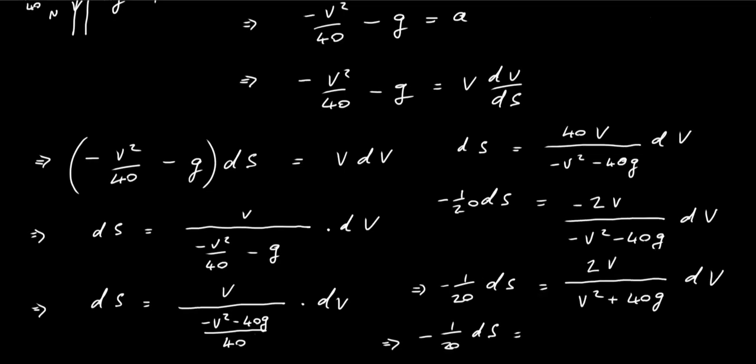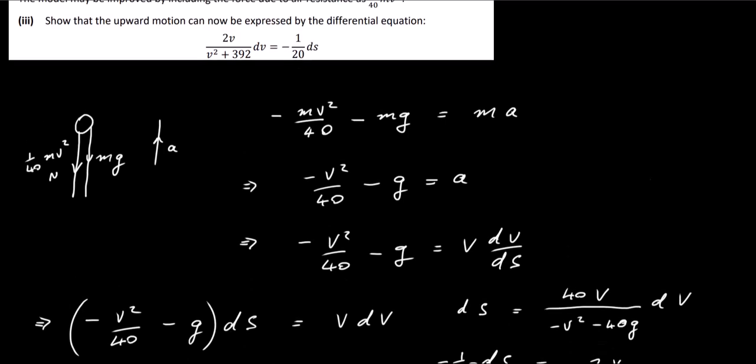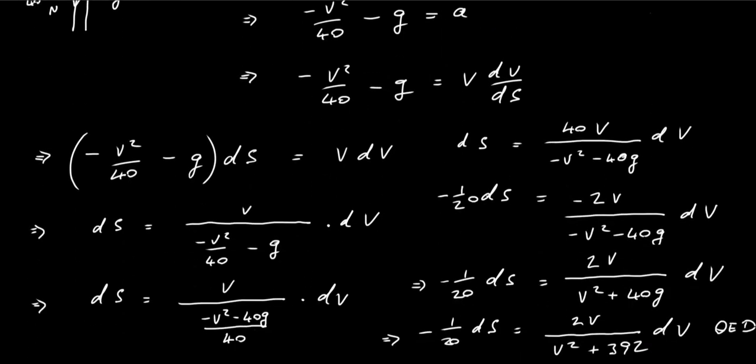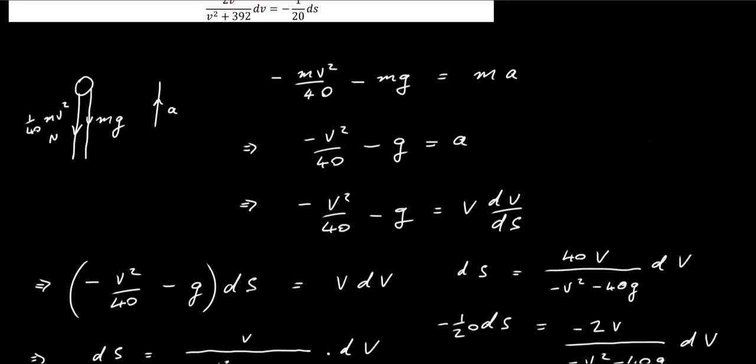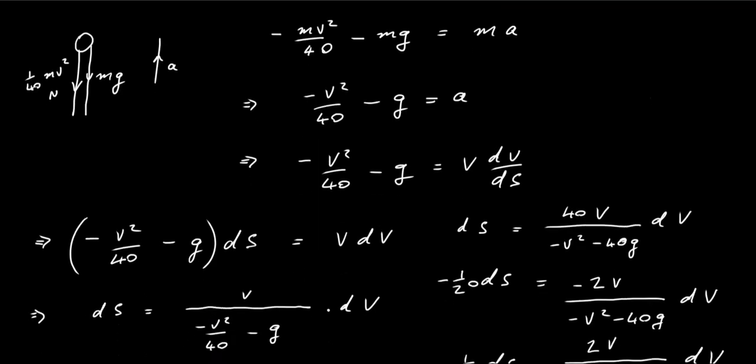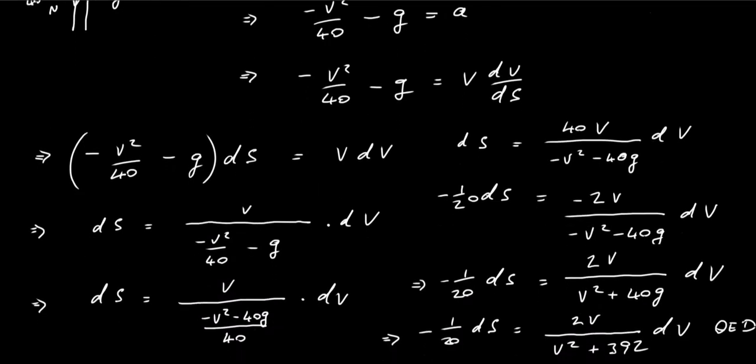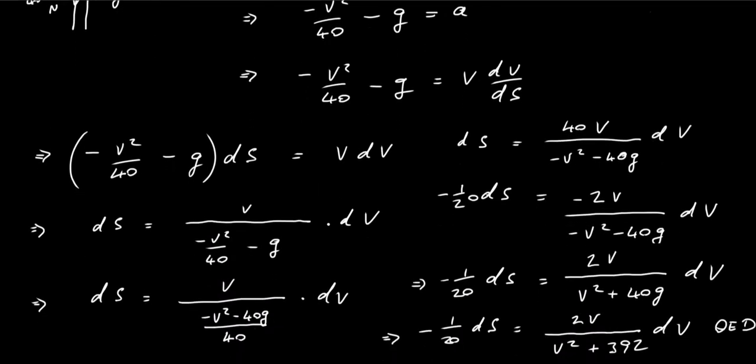On the right hand side I've got 2v over v squared plus, if you multiply 40 by g you will get 392, and that's dv. That's it for that part of the question.